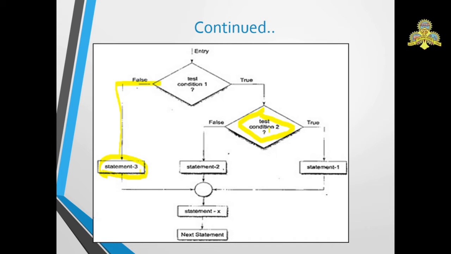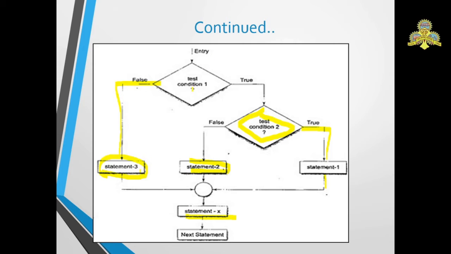If test condition 2 becomes false, its else part will be executed, that is statement 2 will be executed. Otherwise, if test condition 2 becomes true, then its associated statement, statement 1, will be executed. Then the control is transferred to statement X.